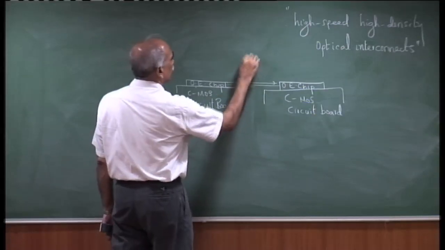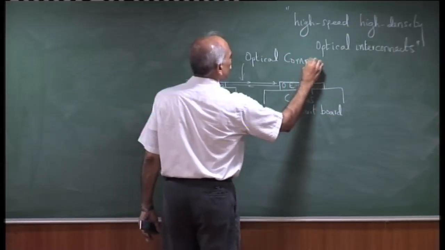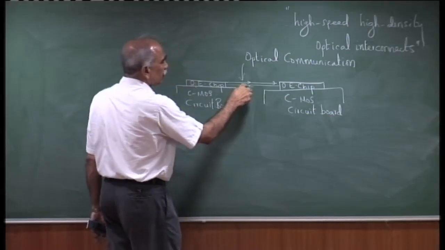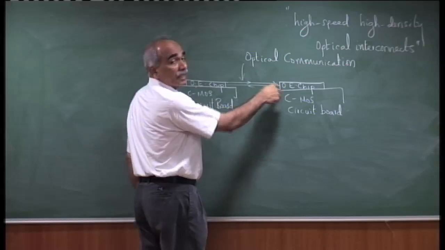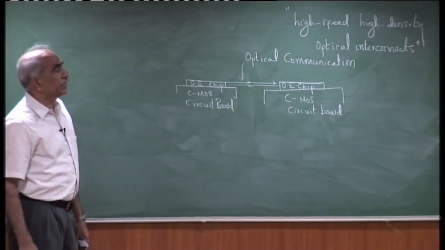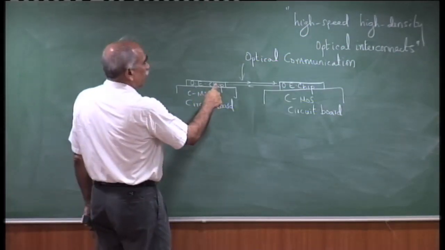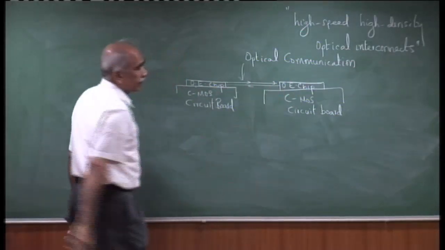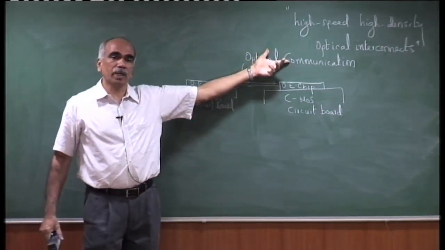This is optical communication. It could be free space optical communication, or this OE chip could be connected to that OE chip through optical fibers. Such high density optical interconnects are being developed. The advantage is that at very high speeds, there is no deterioration of the data if you handle it in the optical way.